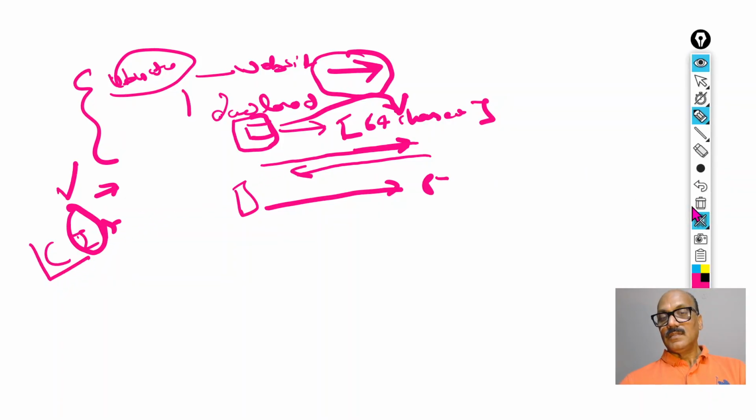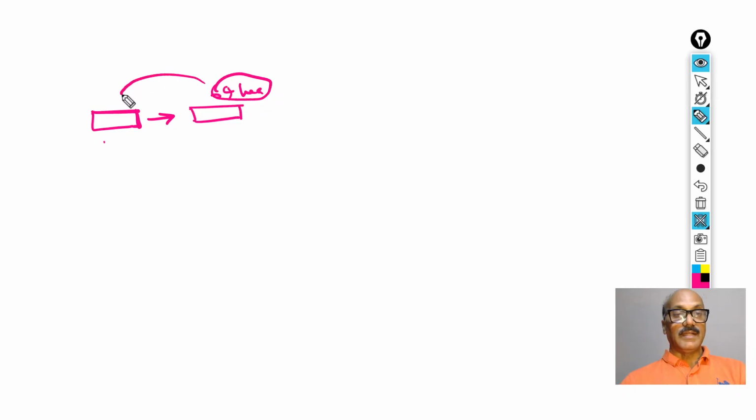One advantage I'll tell you: if you download any software, not only Ubuntu, any freeware software from authentic websites, it will have a 64 character hexa hash which is created out of that entire software.